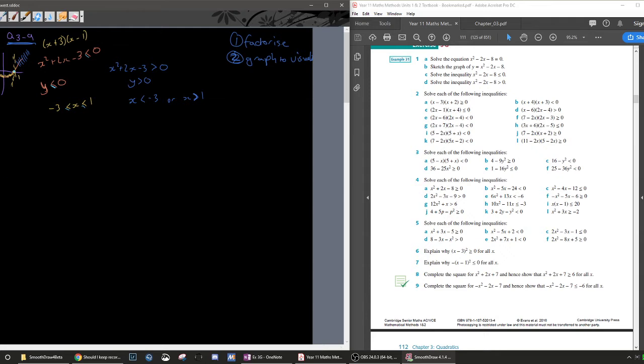So let's do that. Let's have a look at question 3a. So we have 5 minus x times x plus 5 is less than 0. The nice thing about that very first one is it's already factorized.